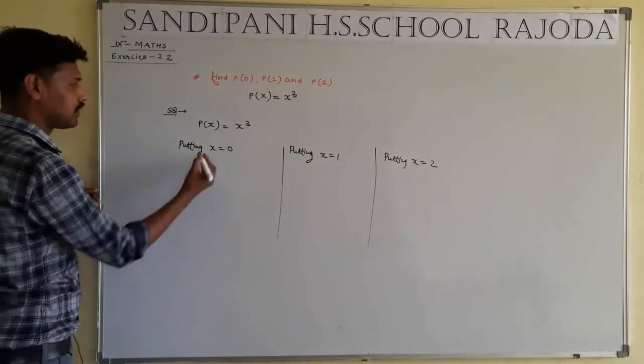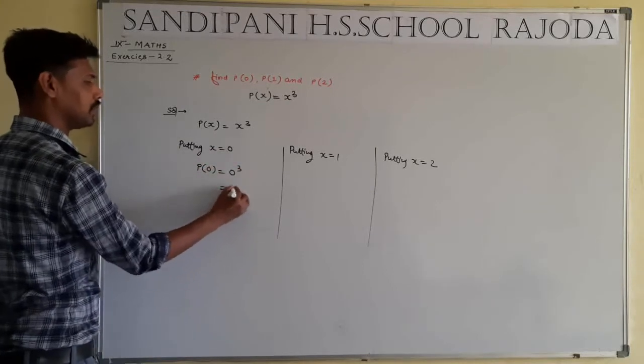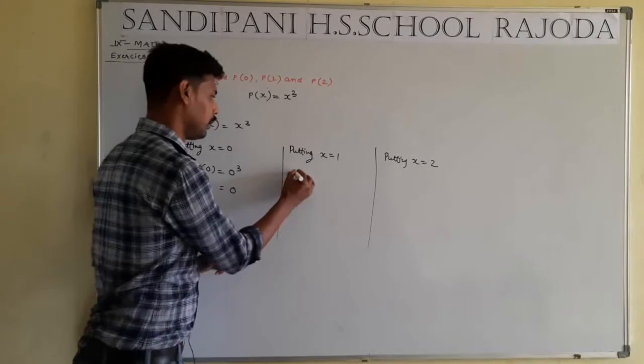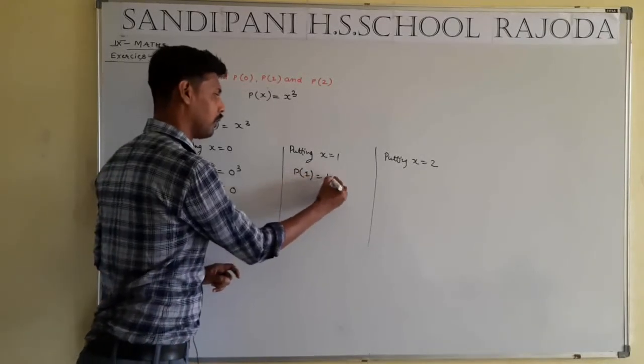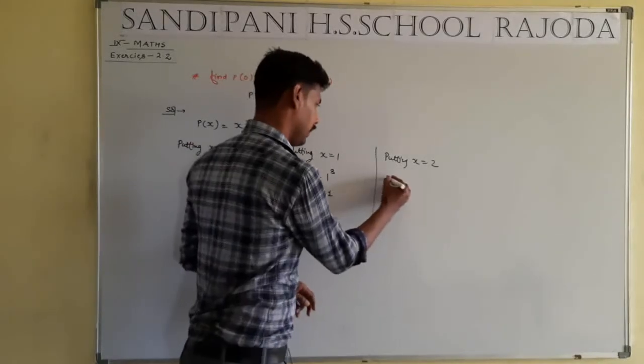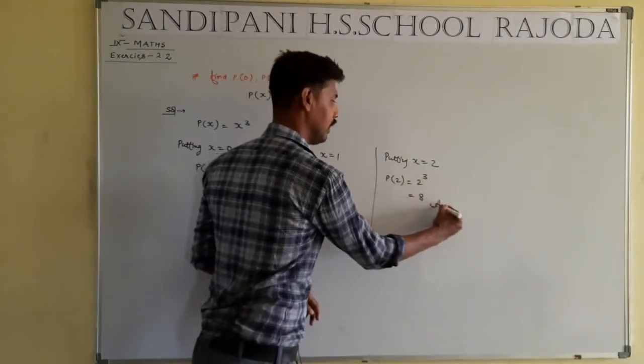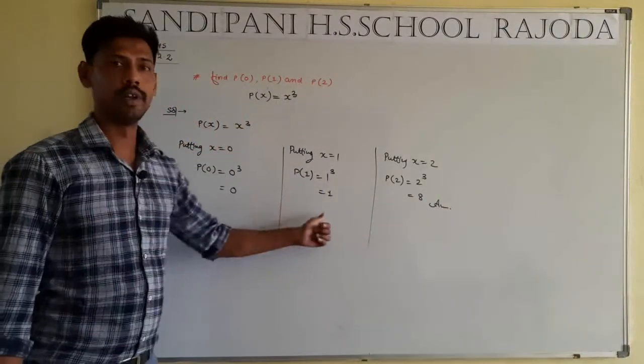Px equal to x cube, that means P0 will be 0 cube, that means 0, the first answer. Then P1 will be 1 cube, that means 1, and P2 will be 2 to the power 3. The answers will be 0, 1 and 8.